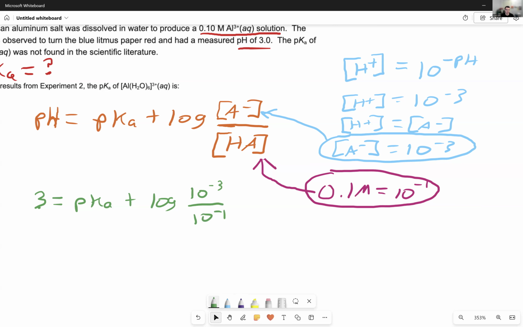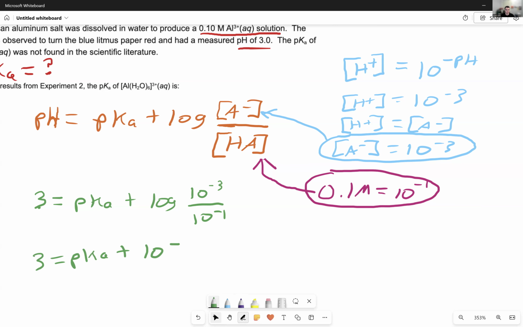Now, if we use our rules about exponents on fractions, which again, we can do another lesson on, that comes out to pKa plus log, we're going to do negative 3 minus negative 1, so plus 1, log 10 to the negative 2.